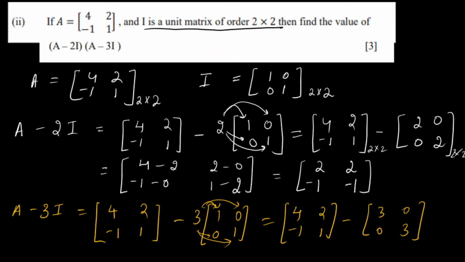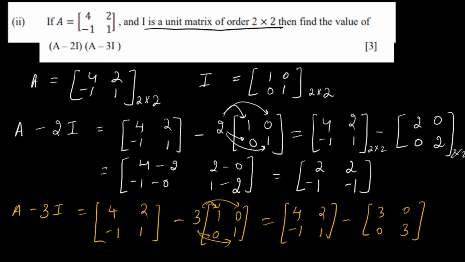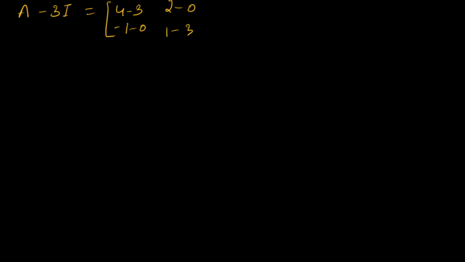A minus 3I equals 4 minus 3, 2 minus 0, minus 1 minus 0, then 1 minus 3. So we get 1, 2, minus 1, minus 2.